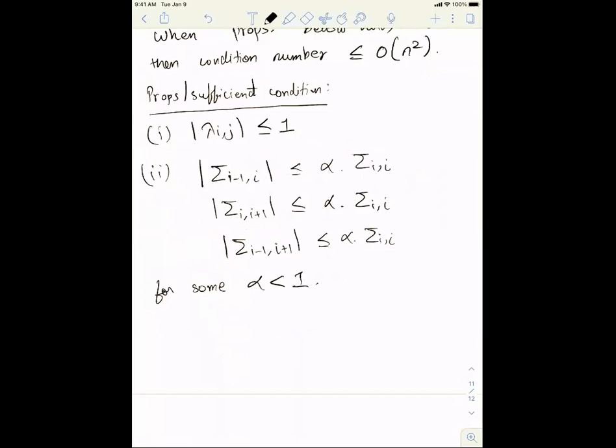So as long as these four conditions hold, the condition number is at most O of n squared.